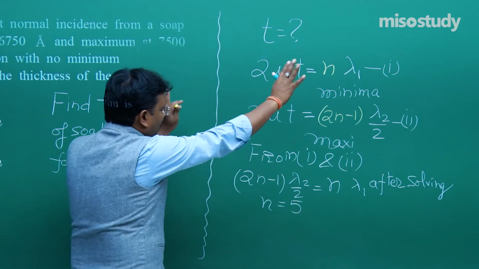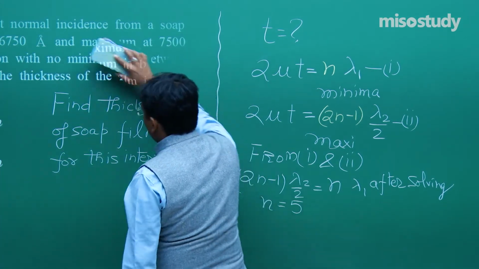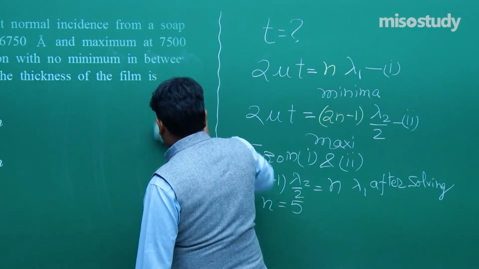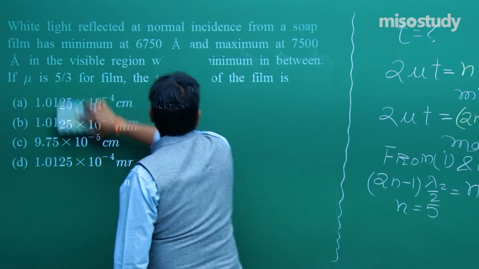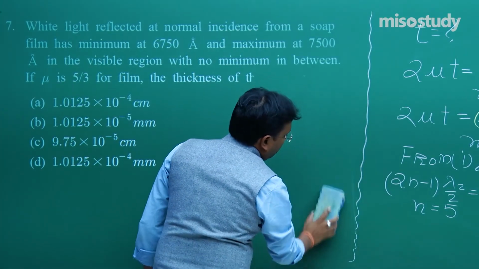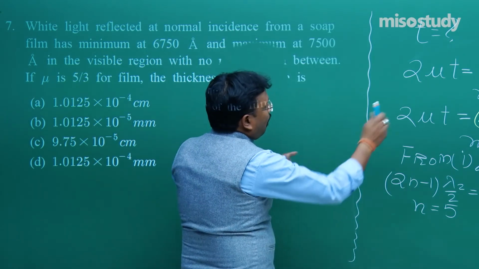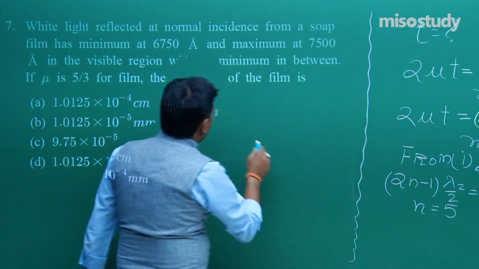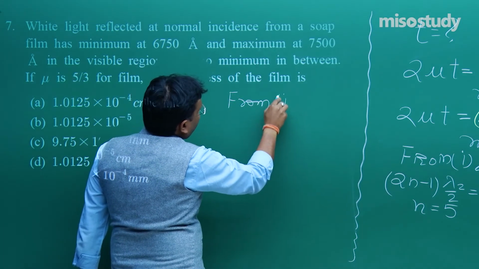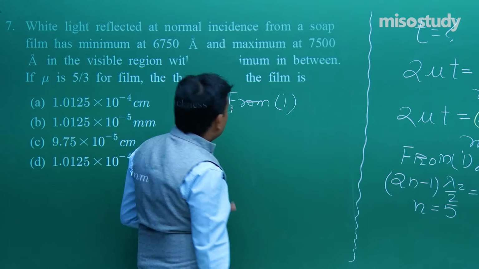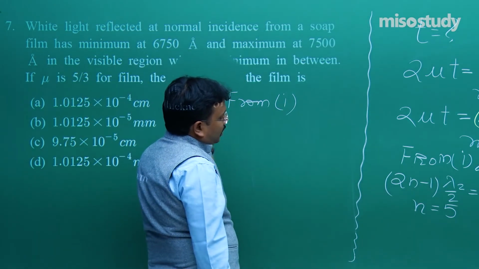Let me erase this portion and I want to use this formula over here just below the question. Now, from here what can we say? From equation 1, the question is in front of your eyes and the final solution is also in front of your eyes.